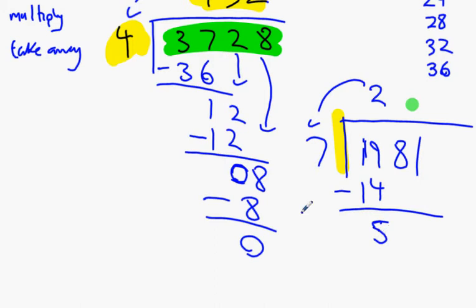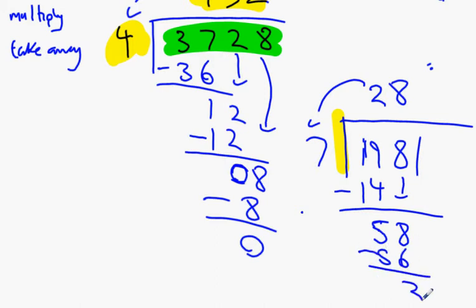No. Bring down the 8. 7 into 58 goes 8 times. So 8 times 7? 56. And you're going to have a remainder, aren't you? 2. Bring down the 1. 21 divided by 7? 3. 7 times 283, that was to multiply them out.